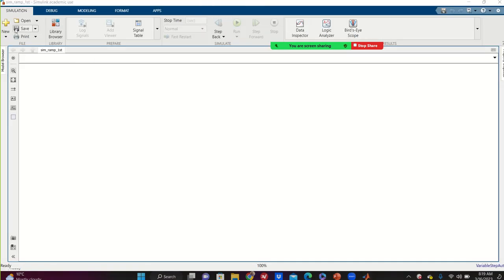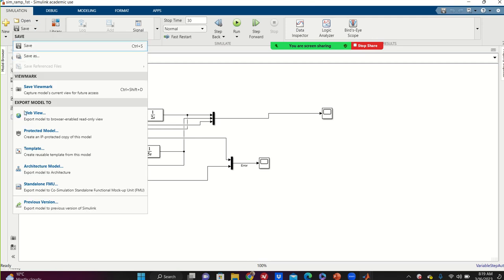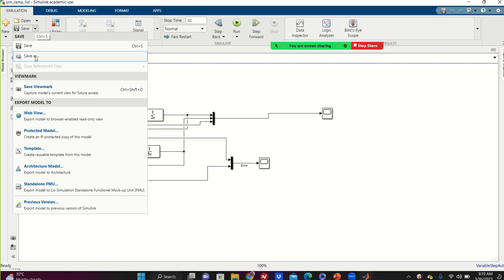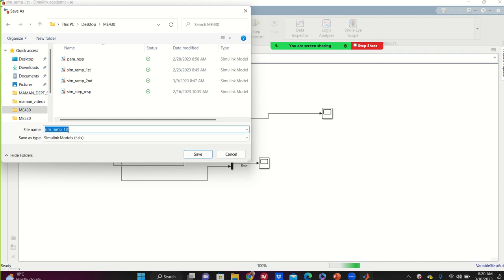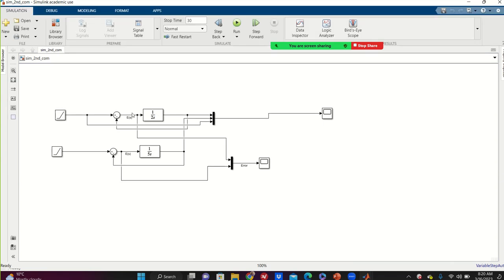And then I'm going to save this as Simulink second order comparison. And obviously I'm going to go with the ramp and step.